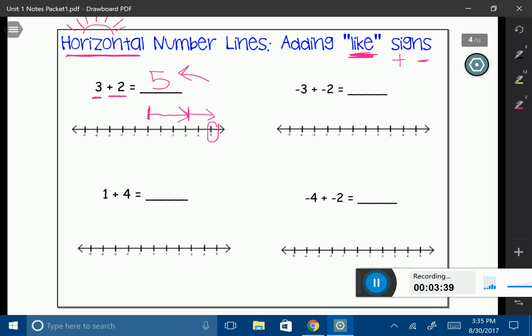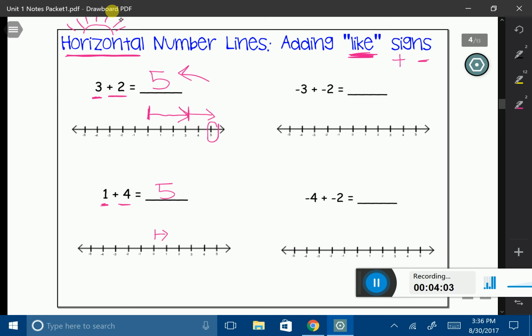All right, let's go ahead and look at another two positive like numbers. So we have a positive 1 and we have a positive 4. We know that 1 plus 4 equals 5, but let's go ahead and represent it on a number line. We always start at our home base, and we're going to go up 1 unit. And I'm going to draw a little arrow.